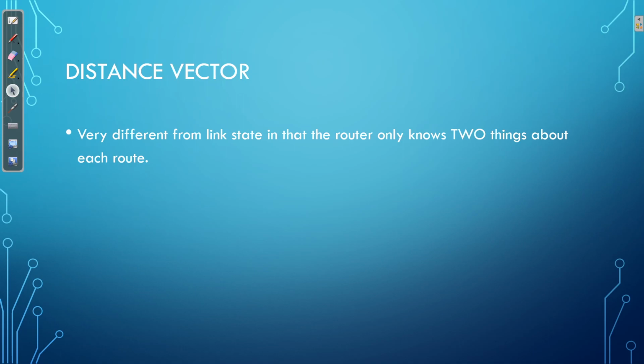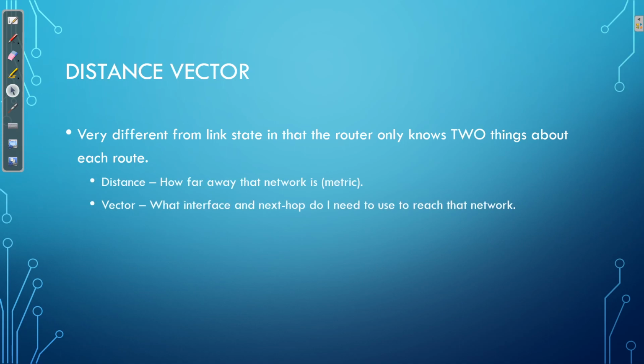We learn about these routes through other means. So every router knows two things about every single route. In this case, it would be distance, which is how far away that network is. So essentially, the larger the metric, the less preferred that route is compared to a route which has a lower metric to that same network.